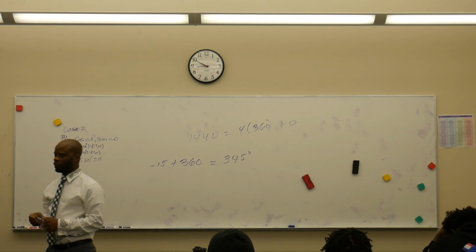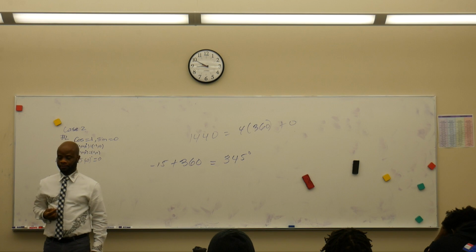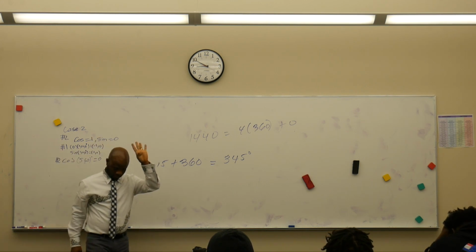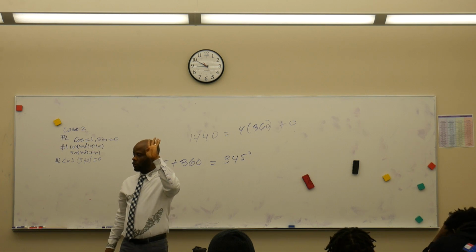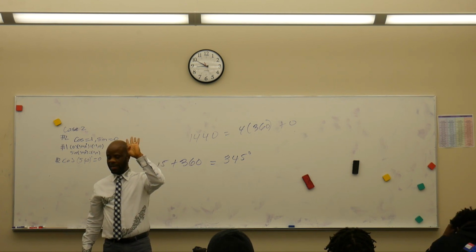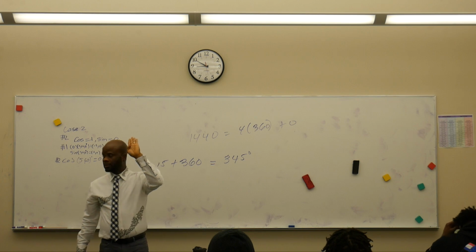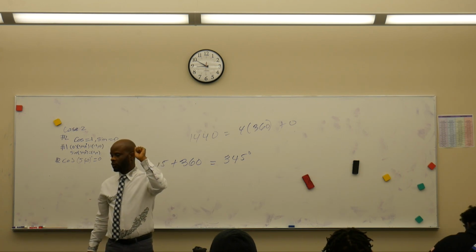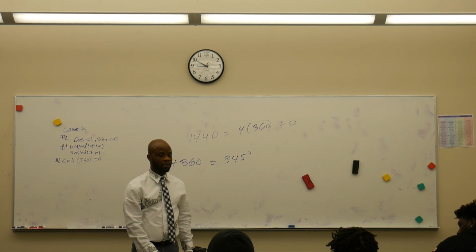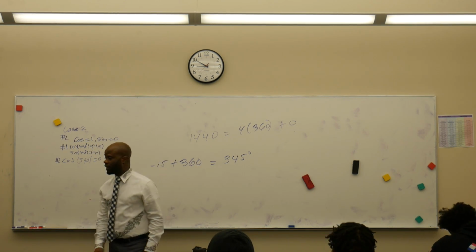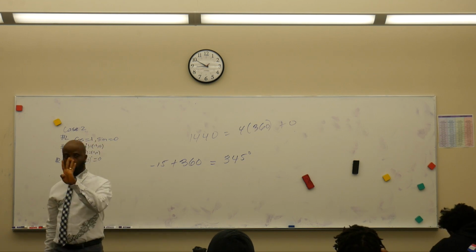What quadrant is 345 degrees in? 4. In quadrant 4, what does the sine value look like? Negative. Cosine? Positive. Okay? Now we have 345 degrees in quadrant 4.